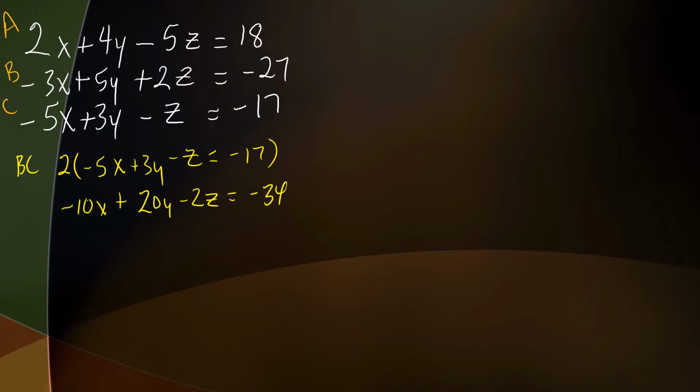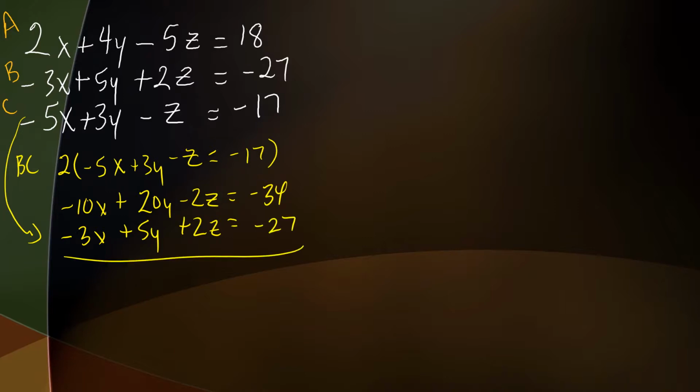Now, I'm going to pull down equation B, and we're going to add those two together. All right, so if I pull B down to here, so then I've got negative 3x plus 5y plus 2z equals negative 27.